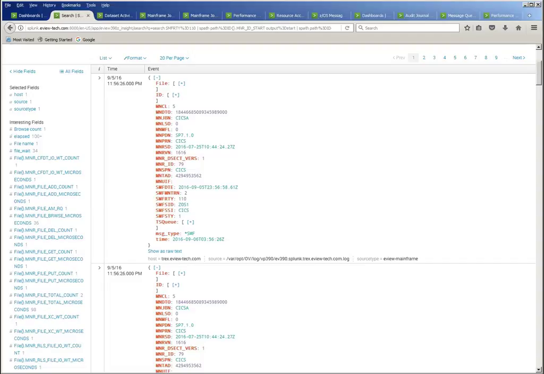So for example, if you were filtering on specific CICS regions or specific transactions, you would be able to do that, using the JSON fields and building the filtering specific for this data.